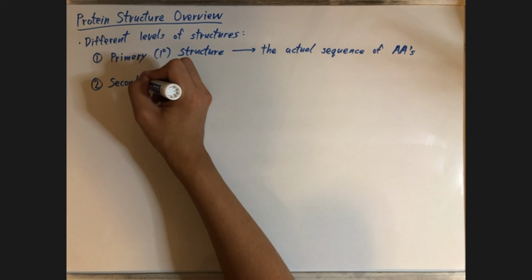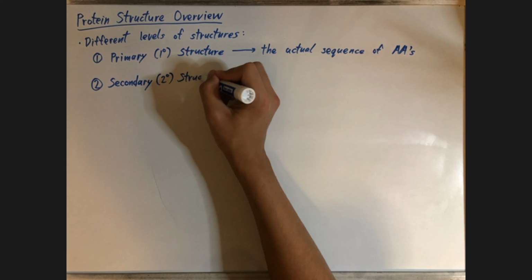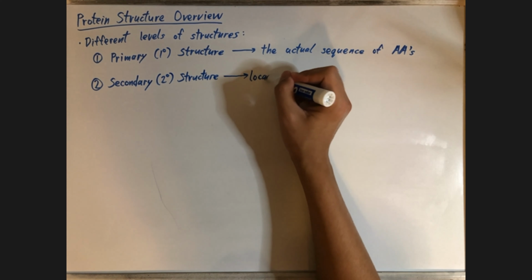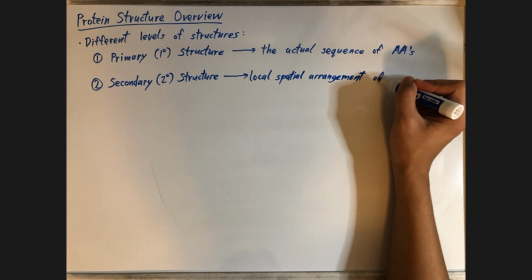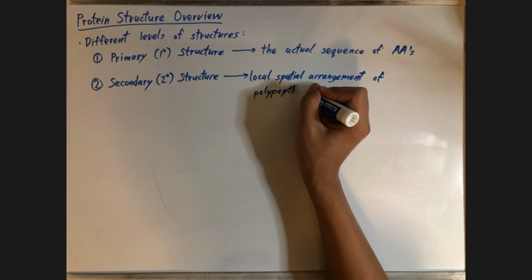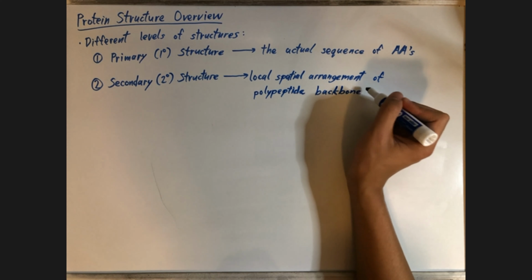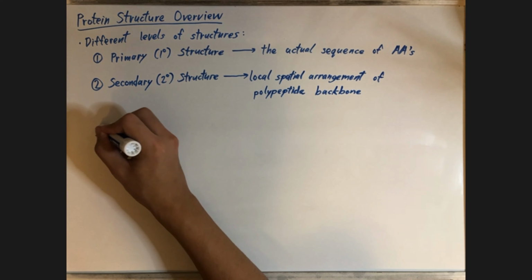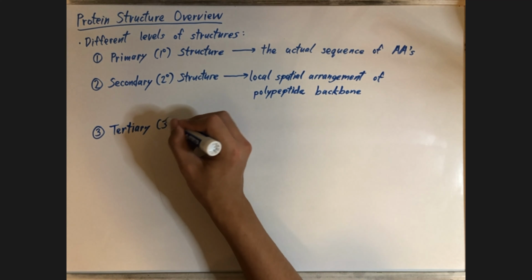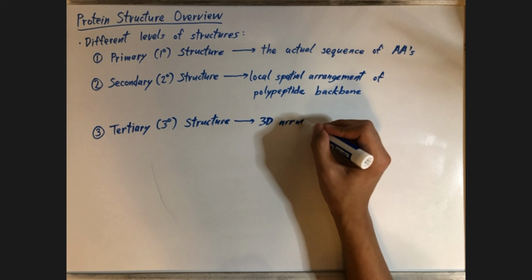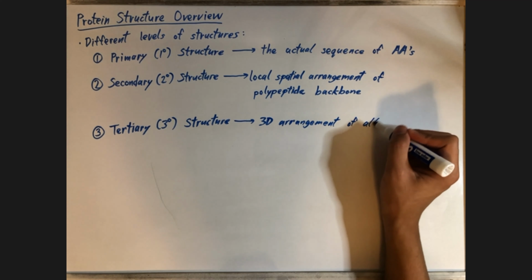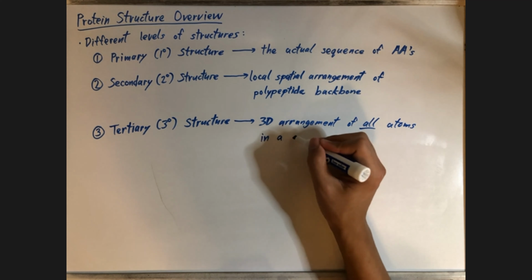Next, we have the secondary structure, and that refers to the local spatial arrangement of the polypeptide backbone. Then we have the tertiary structure, and that refers to the 3D arrangement of all the atoms in a polypeptide chain.